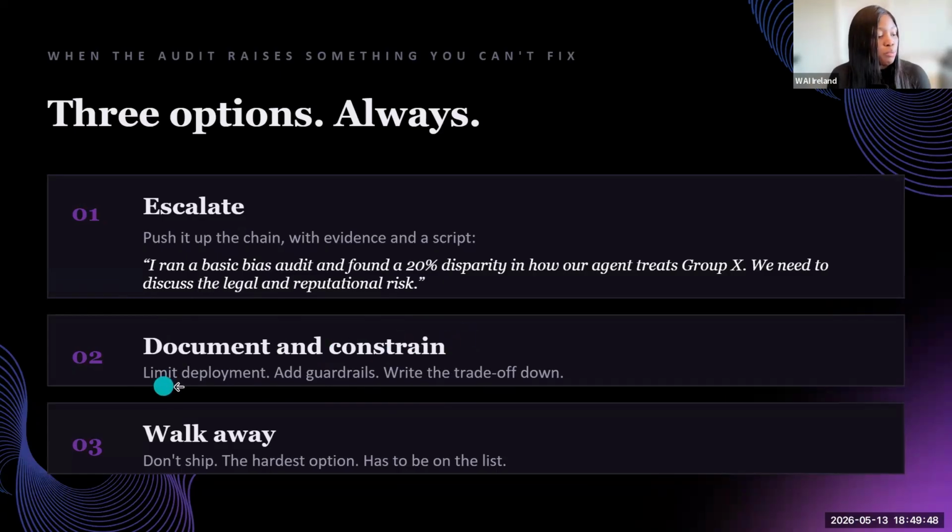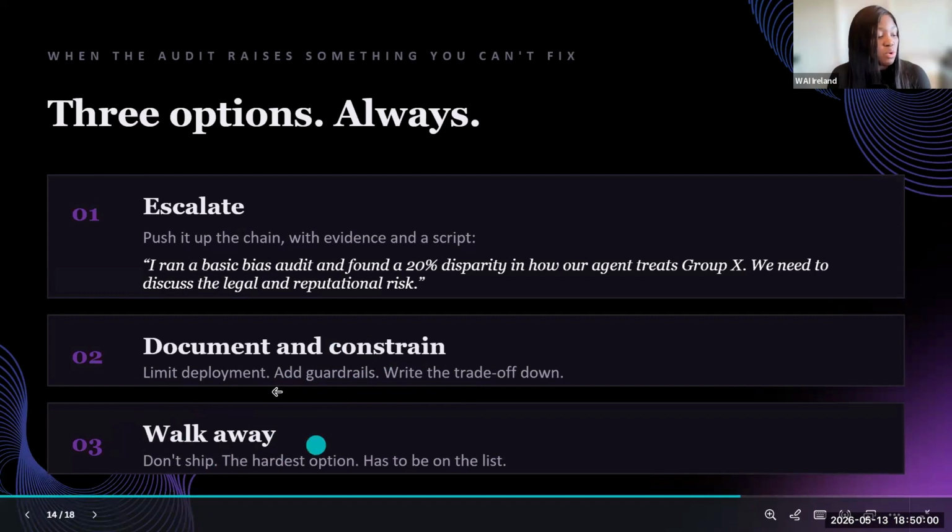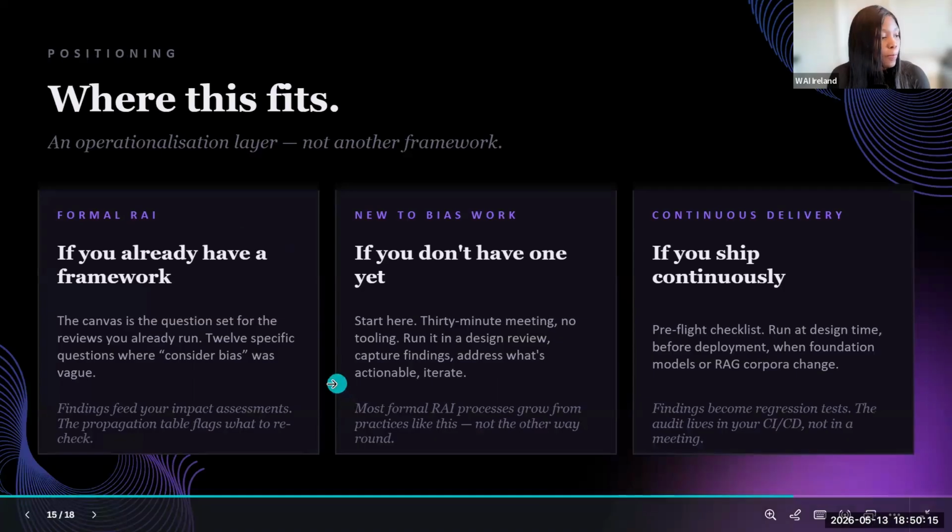So you might limit the deployments to maybe just the internal team or restrict to certain demographics while you continue to improve. And then the last one would be, if all else fails, you basically don't ship the product, or if you're using it, don't use it for that specific use case.